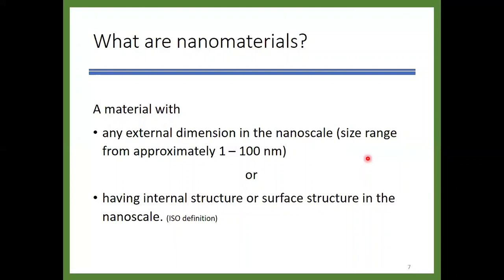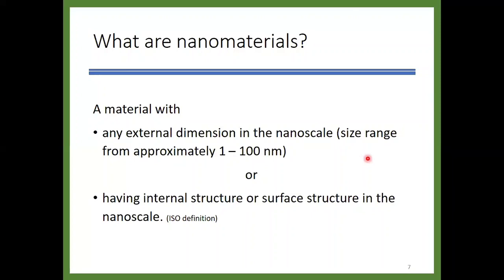Okay, so now I want to give you a formal definition. What are nanomaterials? This is the ISO definition of nanomaterials. A nanomaterial is defined in two different ways, as you see on this screen. Either a nanomaterial we can describe as any material having external dimensions in the nanoscale.